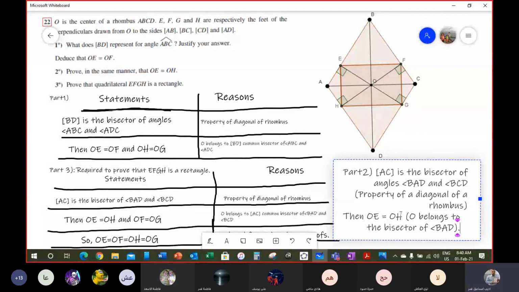O belongs to the bisector of the angle BAD. Then OE equal to OH, since OE and OH are distances from O to the sides AB and AD. Distances means the perpendiculars from O to AB and from O to AD.